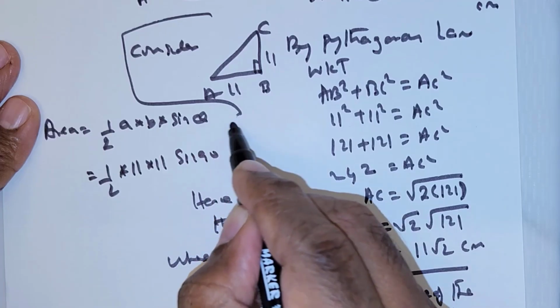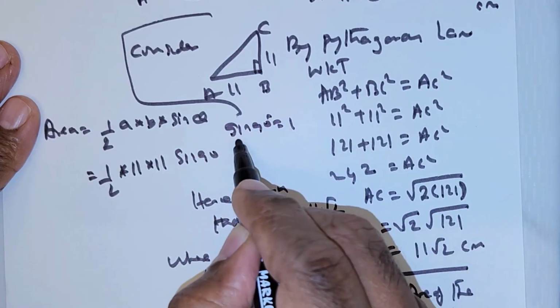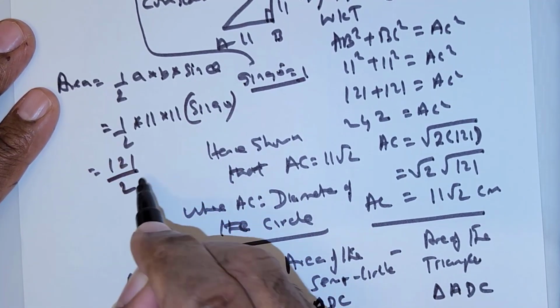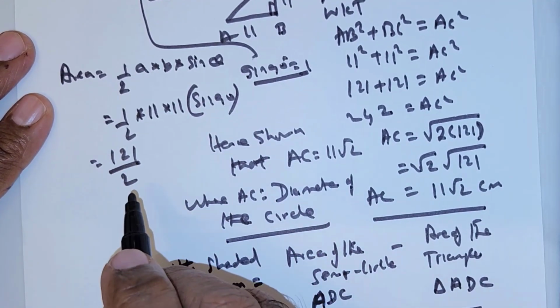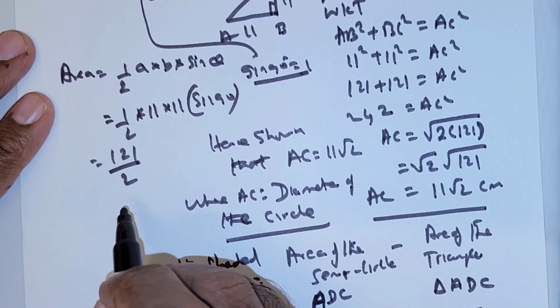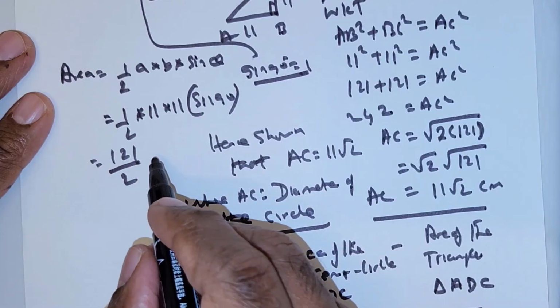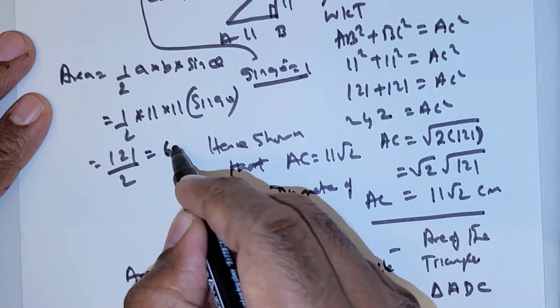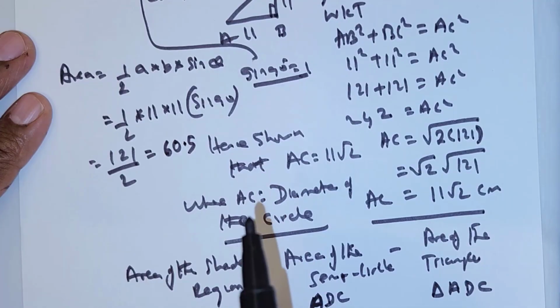Sine 90 degrees is 1. So this is going to give me 121 divided by 2. This is the area of the triangle. If I reduce this, it is going to be 60.5.